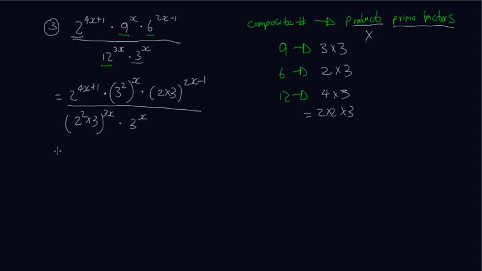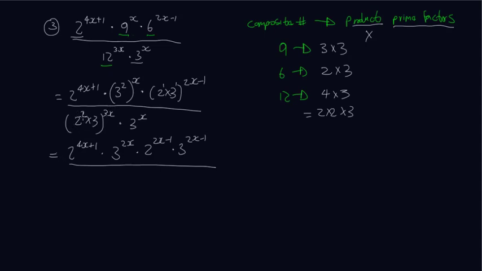Then let's skip our brackets: 2 to the 4x plus 1, and times 2 times x, that's 2x, 3 to the 2x times 2 to the x, 2x minus 1, times my exponent. 2 which is 1 and 3 which is 1, so it's 2 to the 2x minus 1 times 3 to the 2x minus 1 all over.